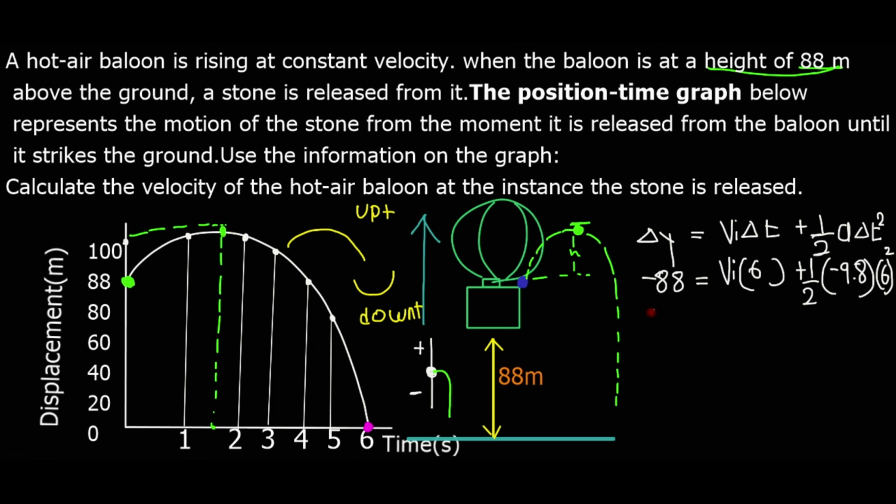And then from here I can solve the initial velocity, and it is probably negative 176.4. And then from here I can move this number to the other side, so probably the initial velocity here is 14.73 meters per second.